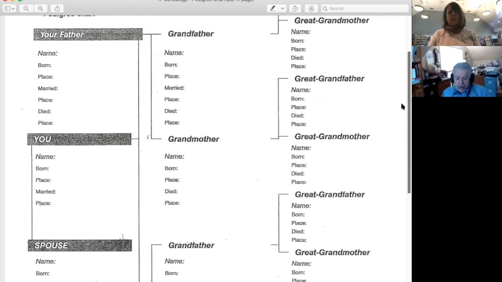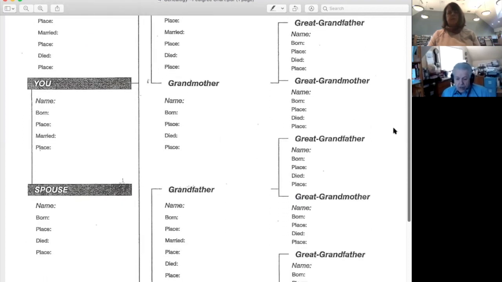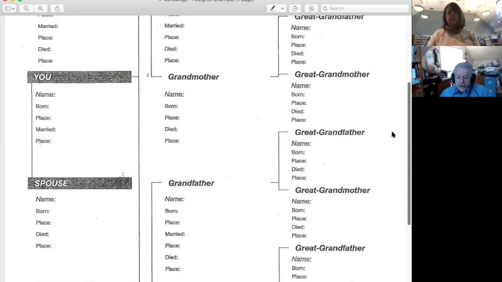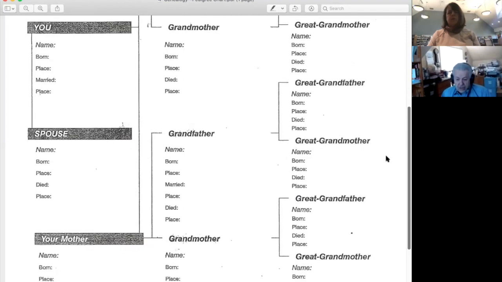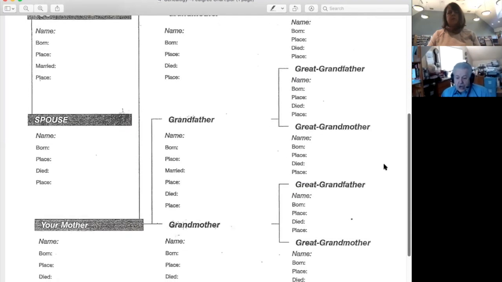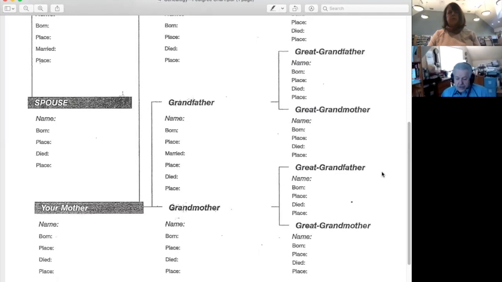And now, opposite your mother, we can see that we're interested now in finding out your grandmother's parents, which is a great grandfather and a great grandmother. In the case of this particular chart, I've skipped over the great grandparents that are just above or just seem to be opposite spouse. And that's because of a spacing problem.